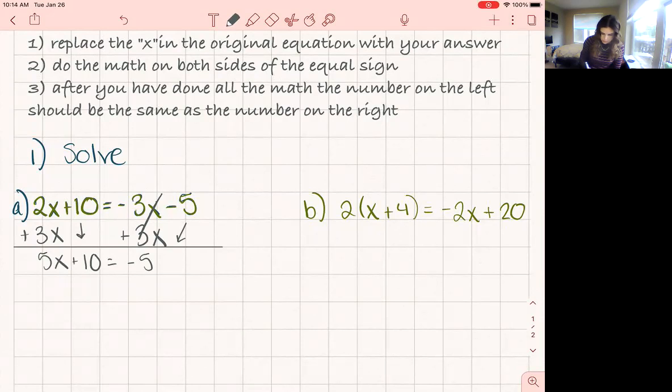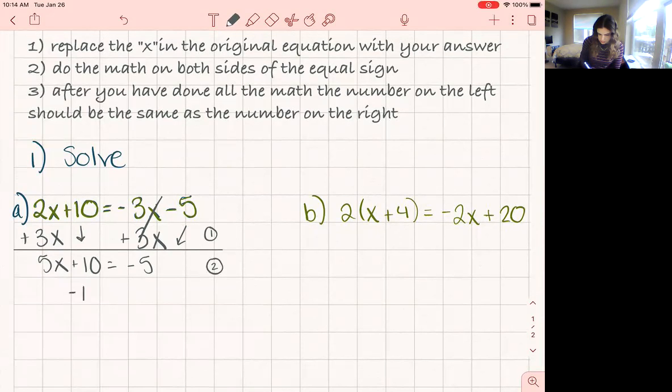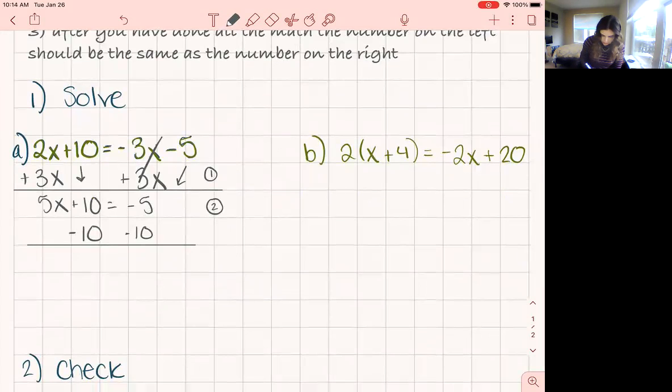Okay, so that was step 1. Step 2, get rid of addition and subtraction. So we're going to subtract 10 from this side. What I do to one side, I do to the other. And now I have 5x, the 10s are gone, negative 5 and 10 more negatives is negative 15.